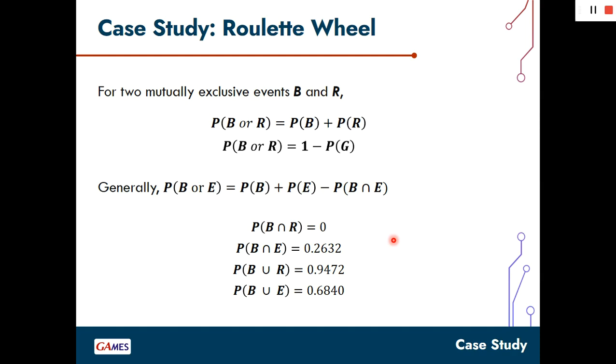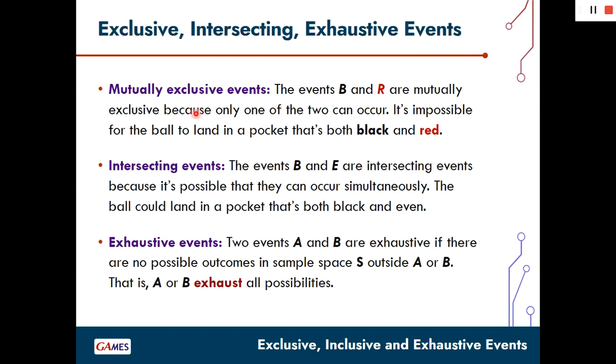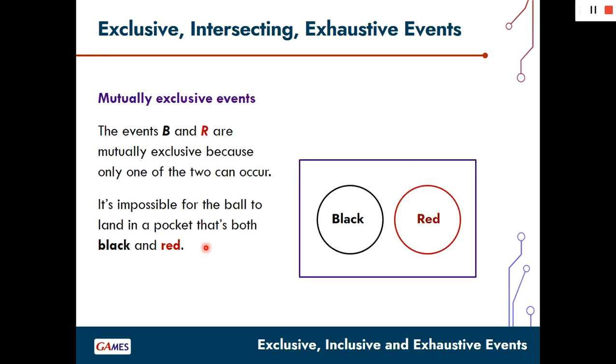How can we differentiate between these various types of outcomes, and what do they really mean? So let's take a look at various types of events, where you're considering maybe two at a time. We have mutually exclusive events, we have intersecting events, and we have exhaustive events. So let's look at them one after the other.